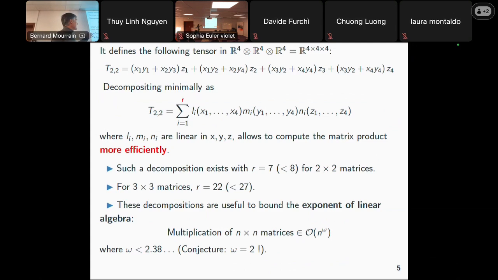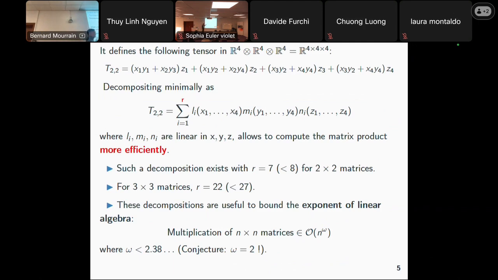But here it will be n to the power log of 7 in base 2, which is a bit less than 3. So we gain something here.